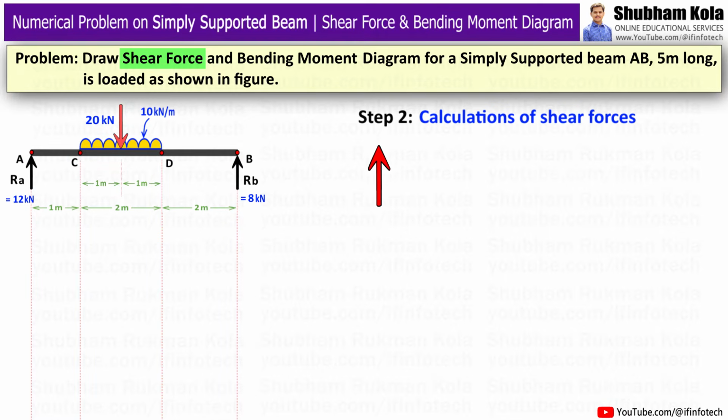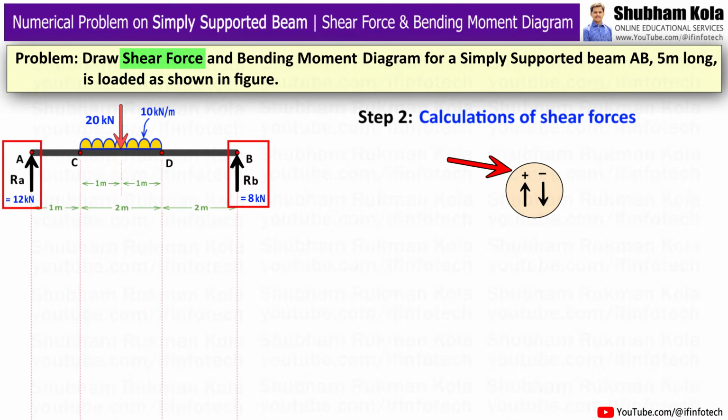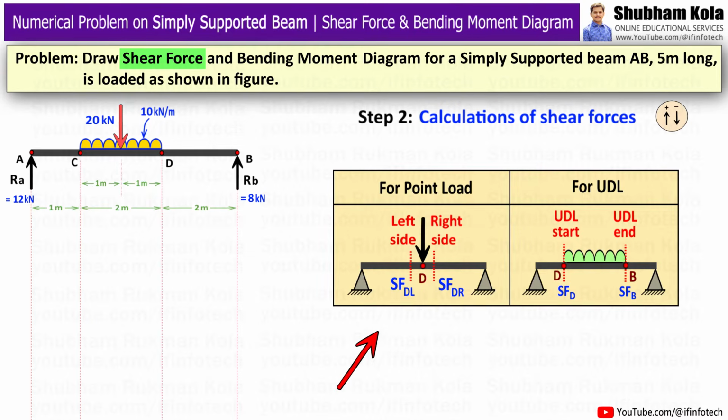So the next step is calculations of shear forces. And for shear force calculations, our sign convention is upward forces are considered as positive and downward forces are considered as negative. And here you should note that while calculating the shear force at a particular point load, you can calculate shear force values for left side and right side of that particular point load.